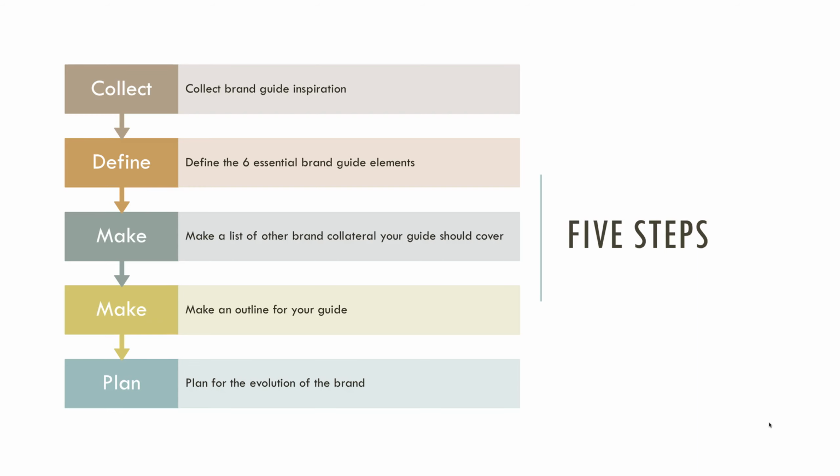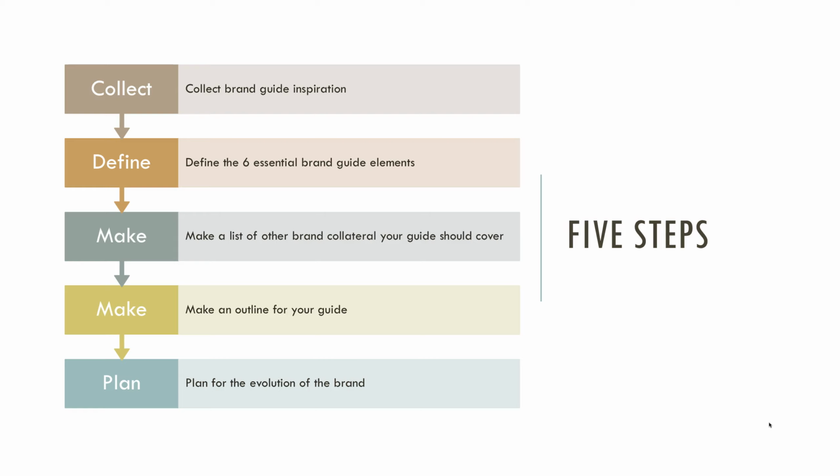So there are 5 steps to this brand style guide: collecting inspiration, defining the 6 essential elements, which is what we're really going to focus on here, making a list of all collateral your guide should cover. So are you only going to be used in print? Will you be digital? Will you be in packaging, social media? Then you're going to make an outline for this brand guide and you're going to create it.